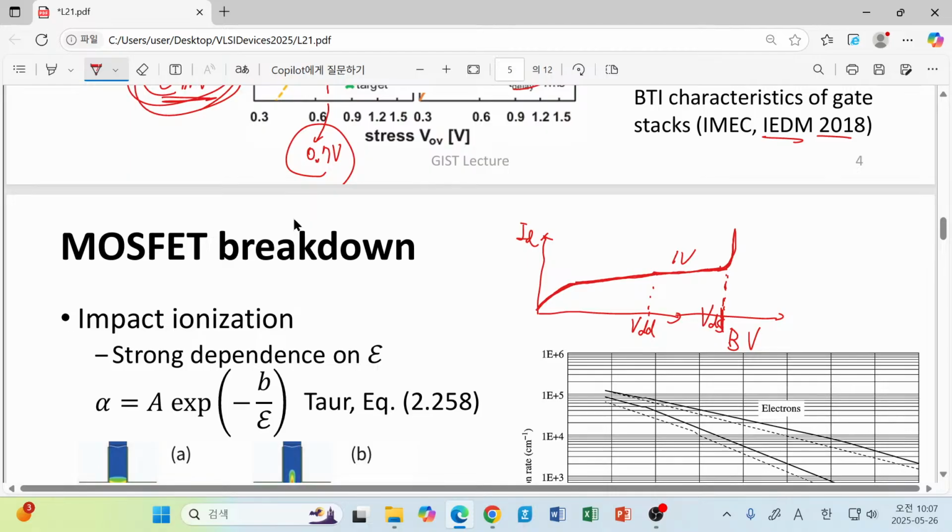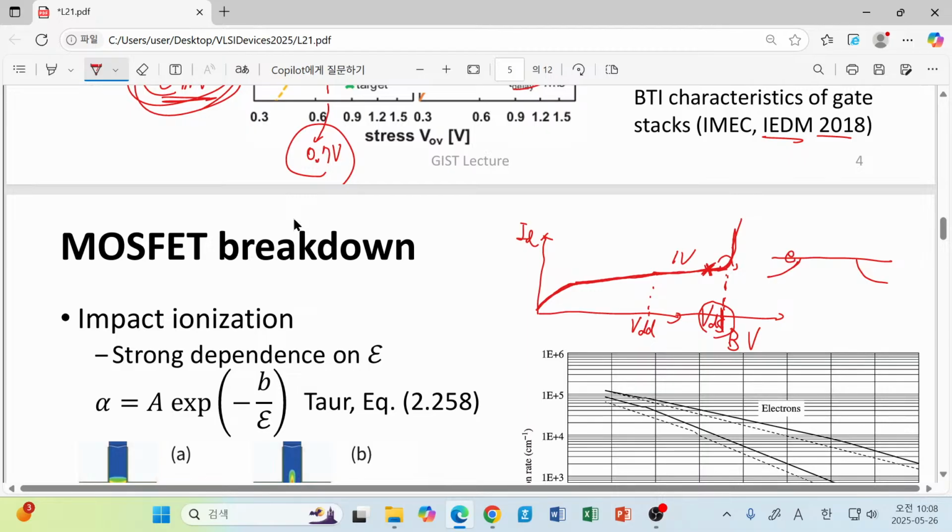So why does it increase vertically? It means that with a small voltage below this breakdown voltage, the current level is quite acceptable. However, when we increase the drain voltage a little bit, it becomes very high. So what is it? The physical mechanism for this behavior is like this.